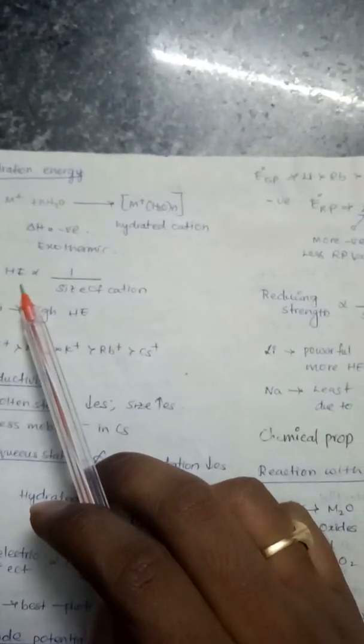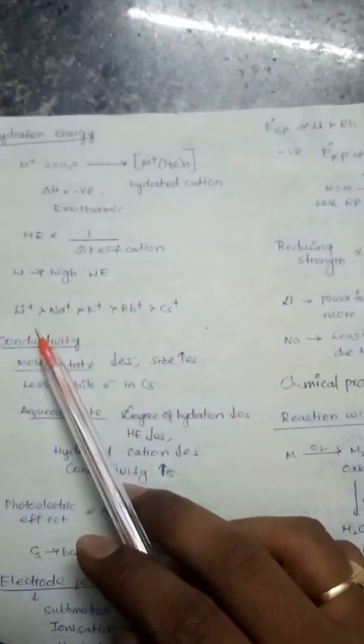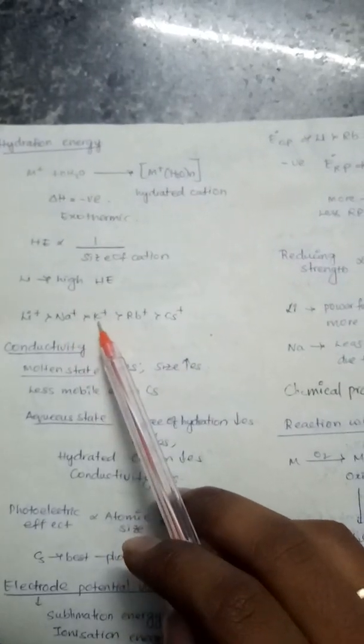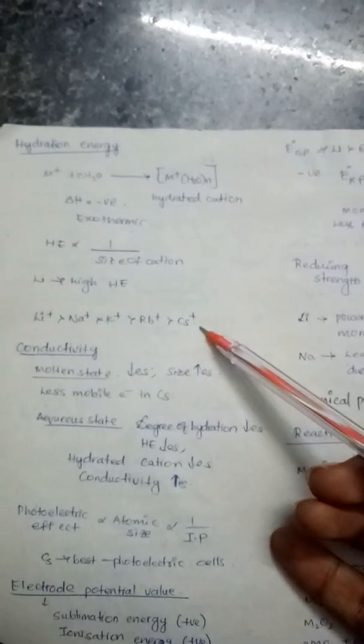Delta H is negative, which means it is always an exothermic reaction. Heat of hydration is inversely proportional to the size of the cation. Lithium has high hydration energy. The order of hydration enthalpies is Li plus greater than Na plus greater than potassium, rubidium, cesium.